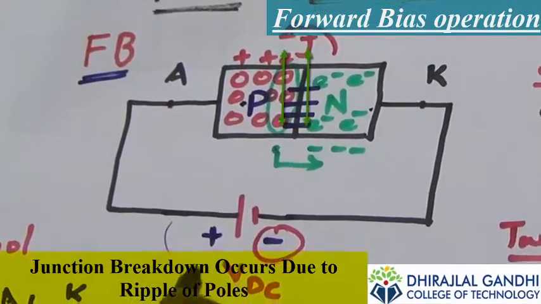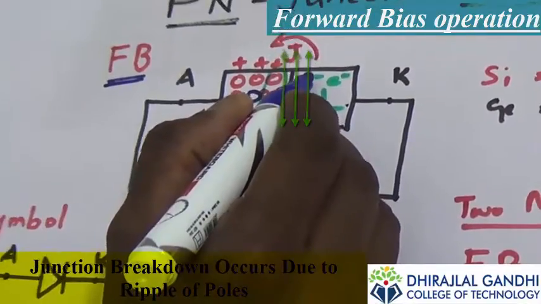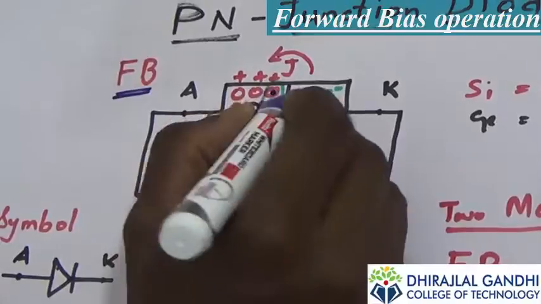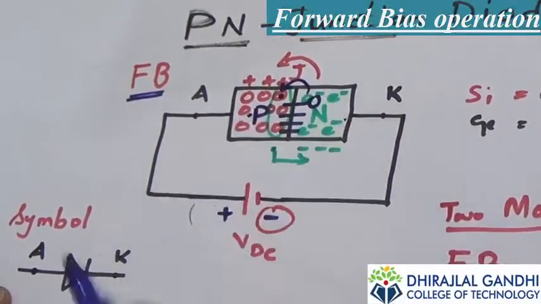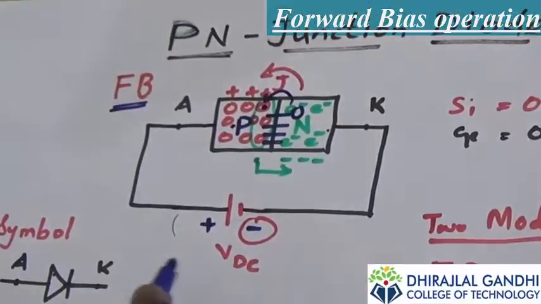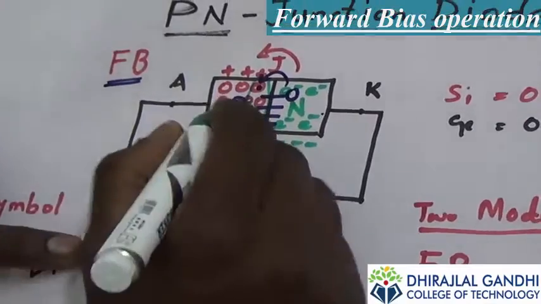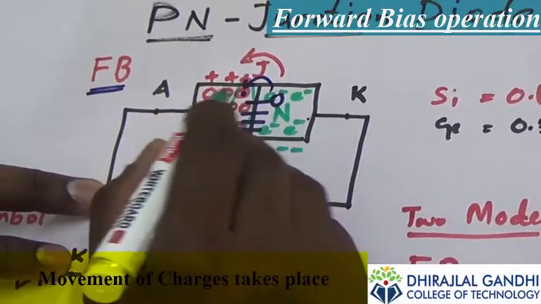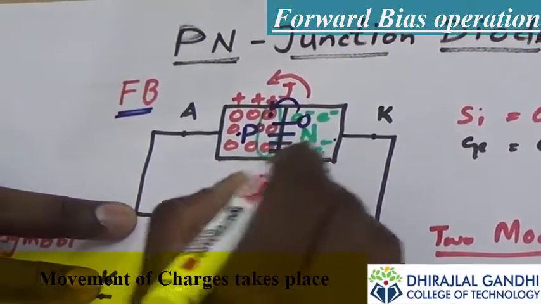Once the junction breaks down, the electrons automatically jump from the negative plate to the positive plate. Once they jump, a vacuum is created, which means an empty place is created. Due to the pressure of the positive plate, the holes want to occupy the empty space of the negative plate.